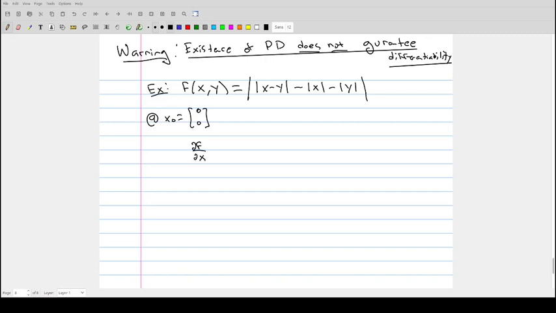So from the limit definition of the partial derivative, this is going to be the limit as delta x goes to 0 of f at 0 plus delta x comma 0 minus f at 0, 0, over delta x.